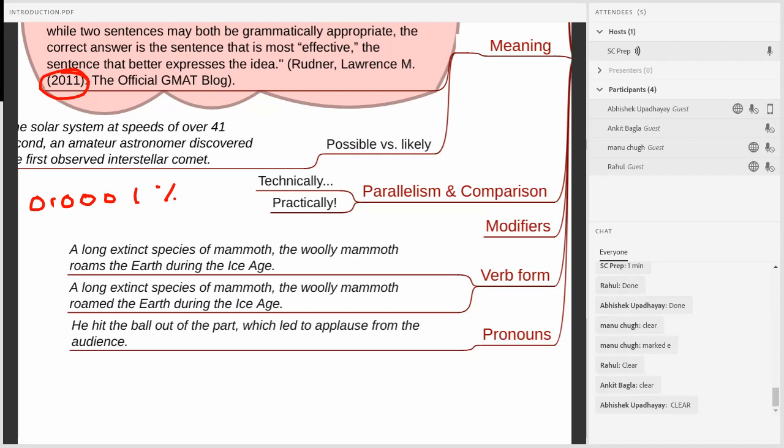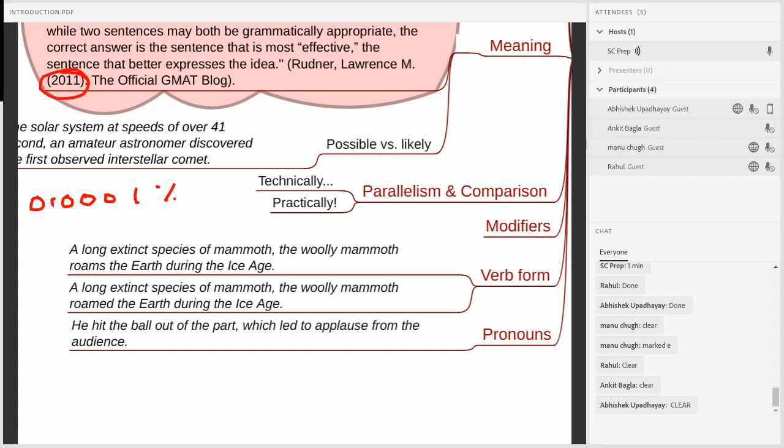Those are things that we'd study under tenses. Now, in this example, a long extinct species of mammoth, the woolly mammoth, roams the earth. Clearly, we would not want to use a present tense for the mammoth because the question clarifies that the mammoth is extinct.